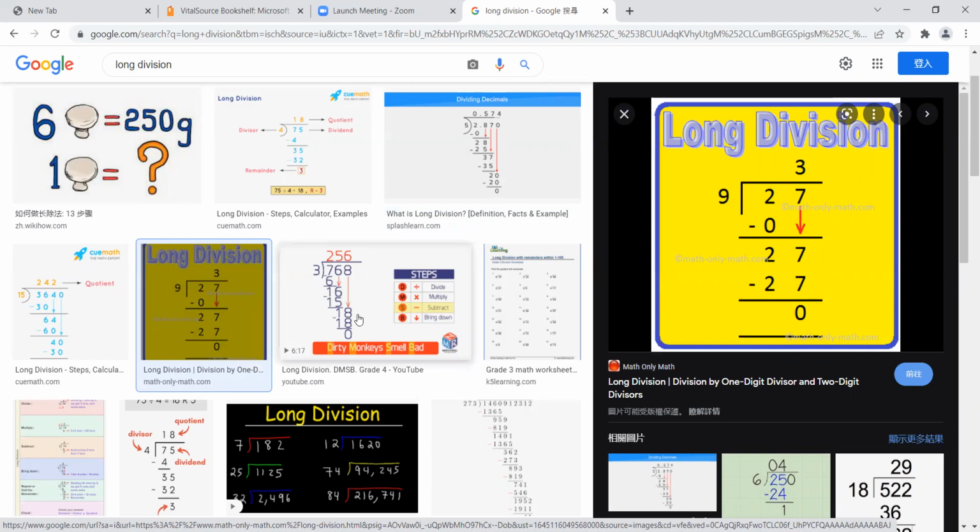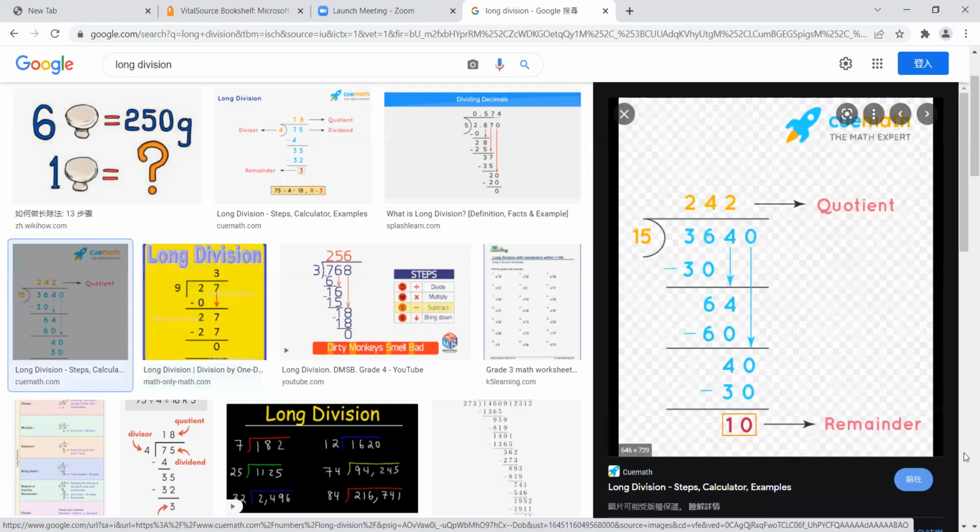Okay. Like this one, as you can see here, if we have integer divide integer, like 3640 integer divide 15, then the top one, the quotient, is the result of this backslash integer division. But this remainder is the modulus, okay, which is 3640 mod 15 is 10.